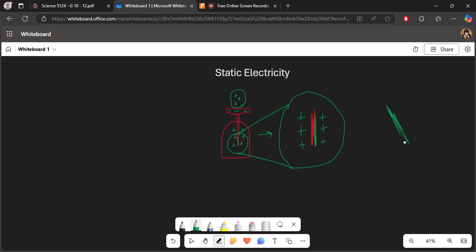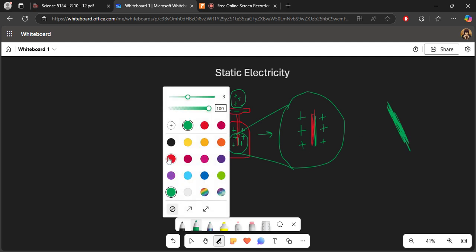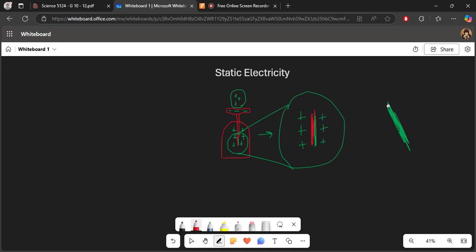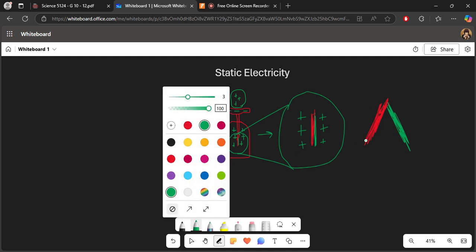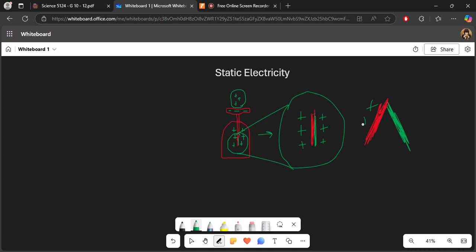That should be common sense at this stage, but I assume you know it. Like charges repel. So the gold leaves will position themselves like this. They repel each other because they both have the same charge. Hopefully this makes sense to you.